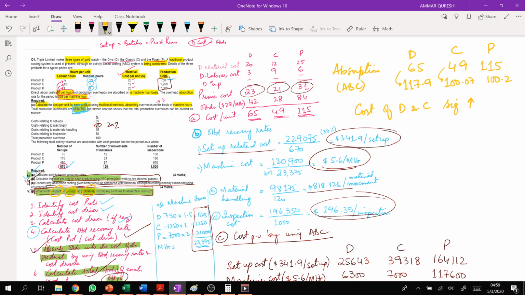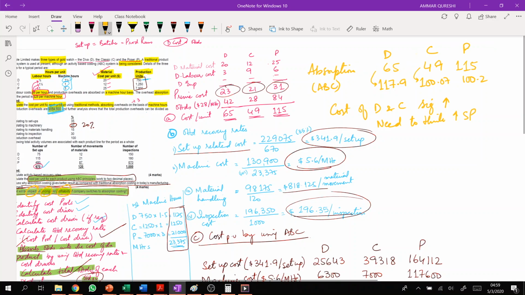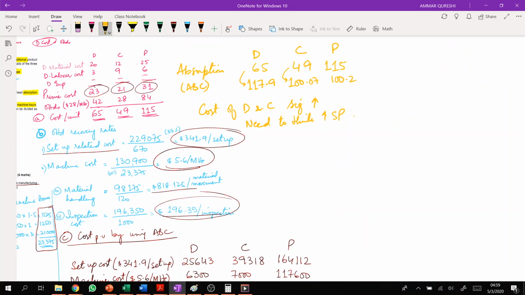If there is a significant increase in cost, then the company definitely needs to think about whether to increase the selling price. Typically, in a situation when there is no change in quality, it's a very important question.